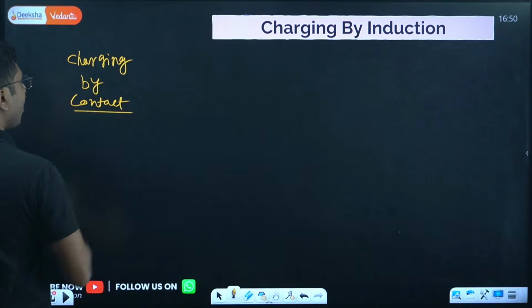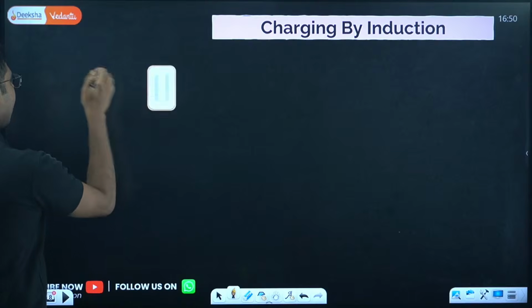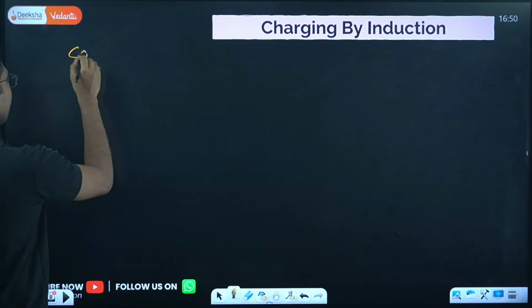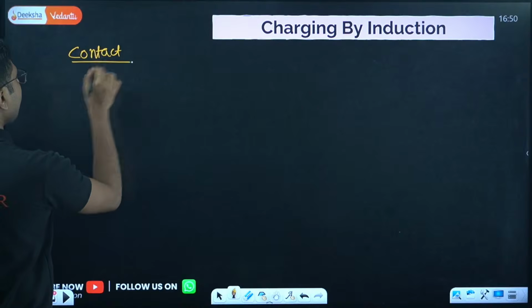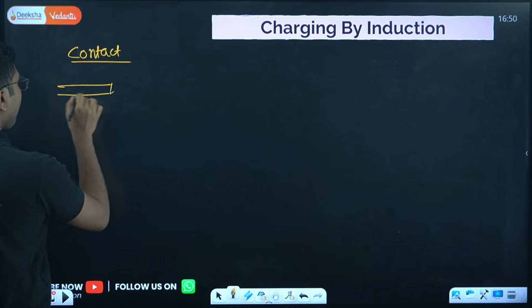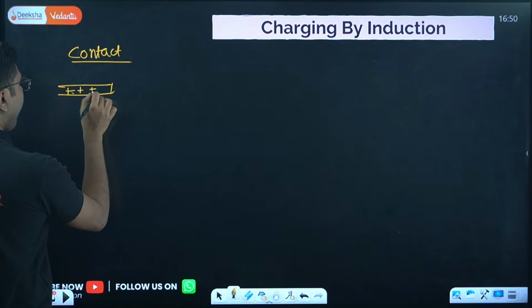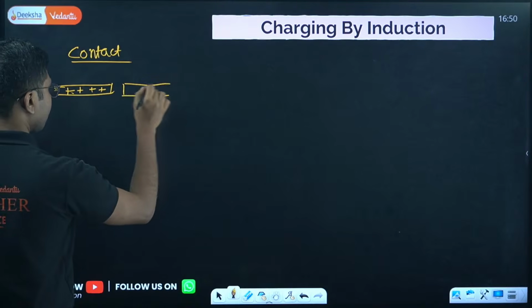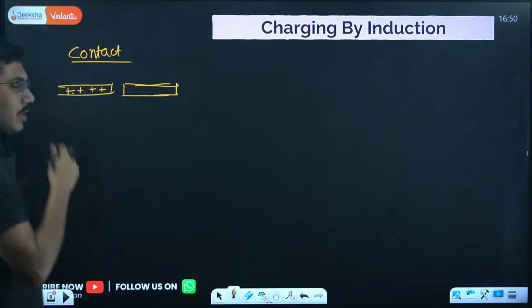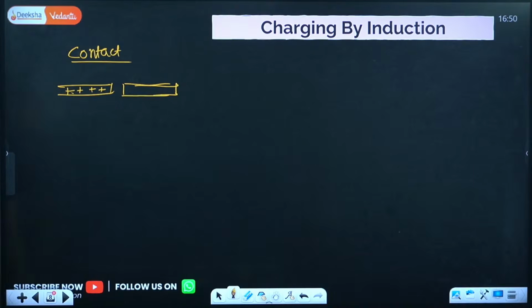Charging by contact, so let's say this is the contact method. You have a charged object and you have an uncharged object.